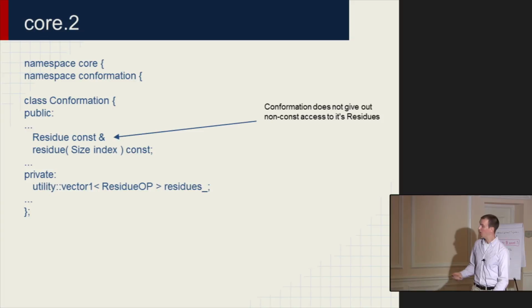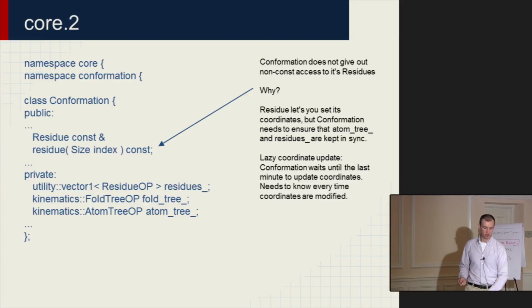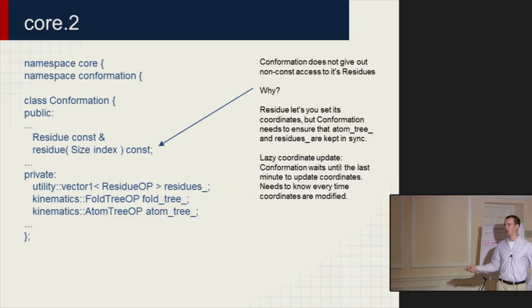So you might ask, why isn't the conformation giving out non-const access? And the answer is that the conformation is maintaining data integrity. So it's trying to keep data consistent between the residue object and these two data members, the fold tree and the atom tree. The fold tree and atom tree represent the kinematics of the system.